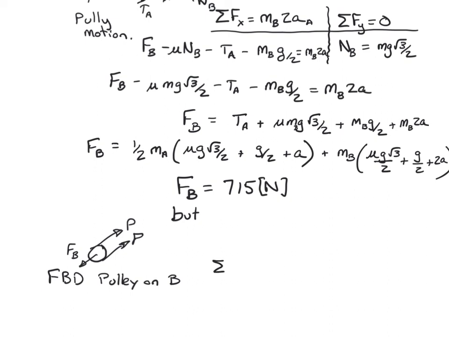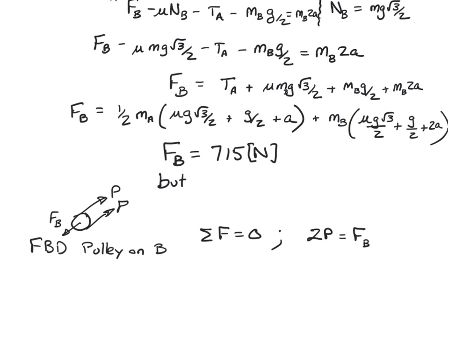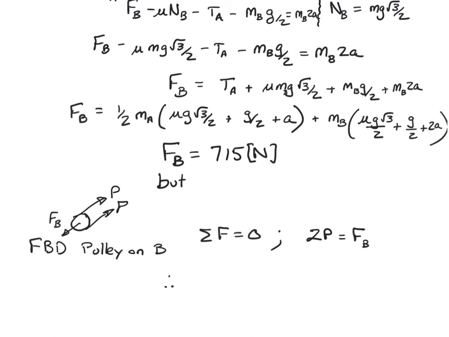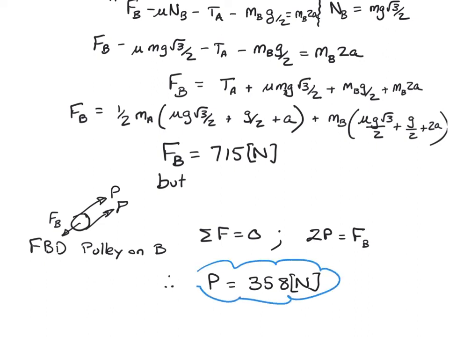So by sum of the forces equals 0, because it's a massless pulley, I'm going to get 2P equals F_B. So whatever I get for F_B, I have to divide that in half to get the P. So therefore, I'm going to have P equal to about 358. And that is going to be what we're considering the answer.